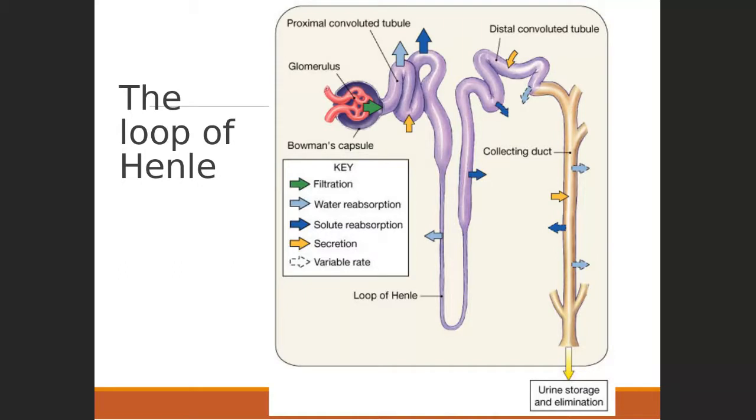Descending limb only permeable to water, osmosis. Ascending limb only permeable to salt. We see active transport of those salts from the tubular fluid and out into the interstitial spaces.